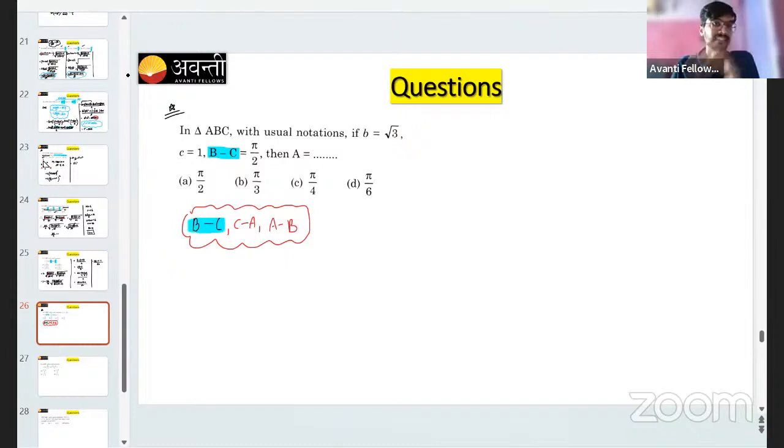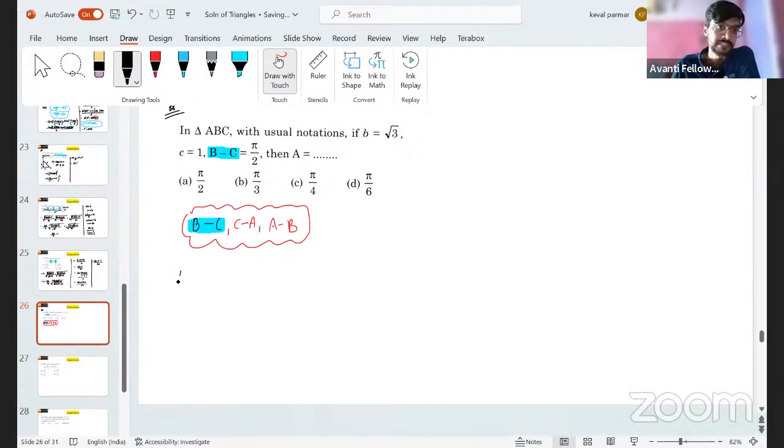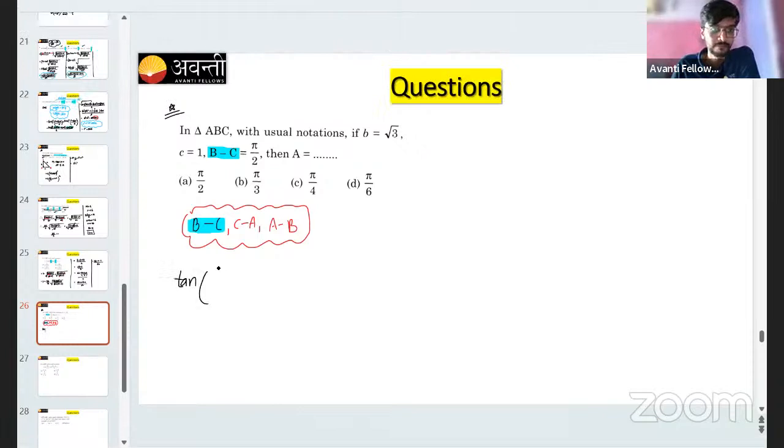So if I start the question with Napier's analogy, what does Napier's analogy say? Tan (B minus C) by 2 is equal to (b minus c) upon (b plus c) into cot A by 2. Now we have to find angle A. We know tan (B minus C) by 2, we know b and c, and we don't know this.